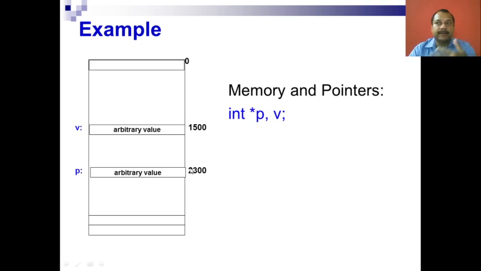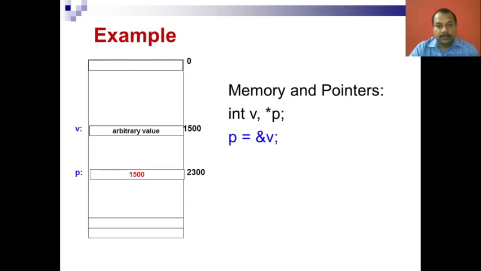If I try to interpret those zeros and ones for v as an integer or for star p as an unsigned integer, then I will have some value. It may be 0, it may be non-zero, but that value doesn't have any meaning.